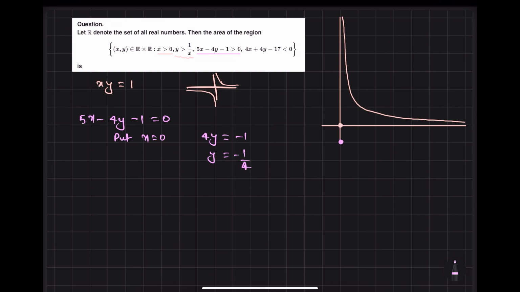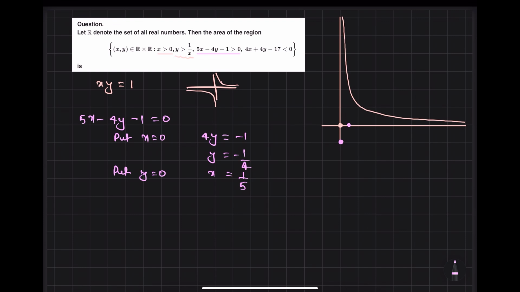And if y is 0, x will be equal to 1 by 5, which will be somewhere here.